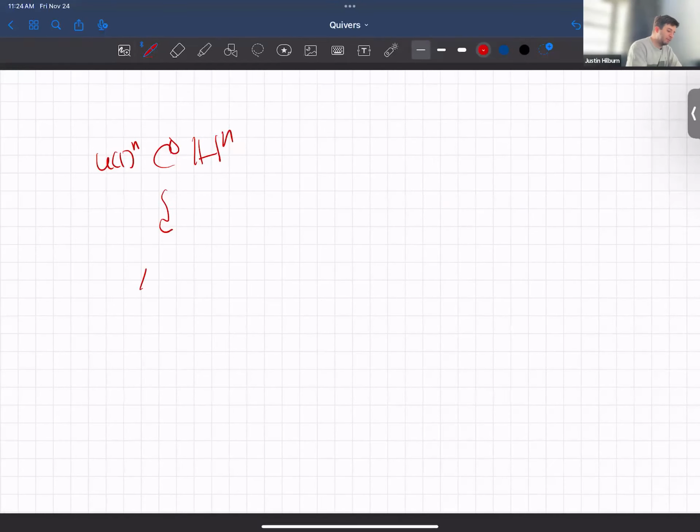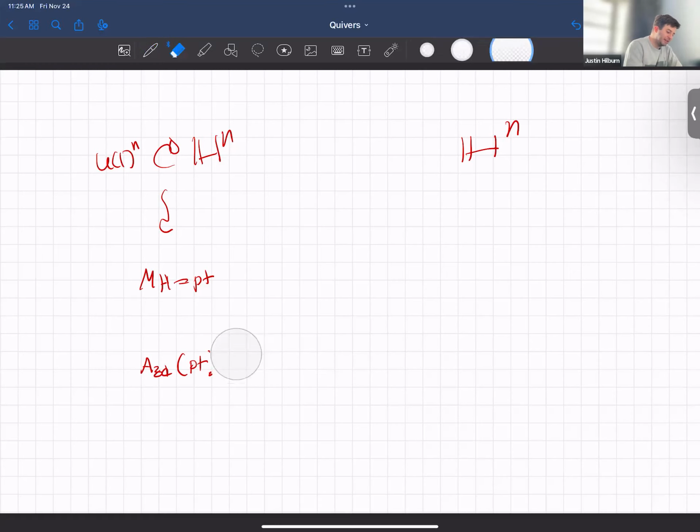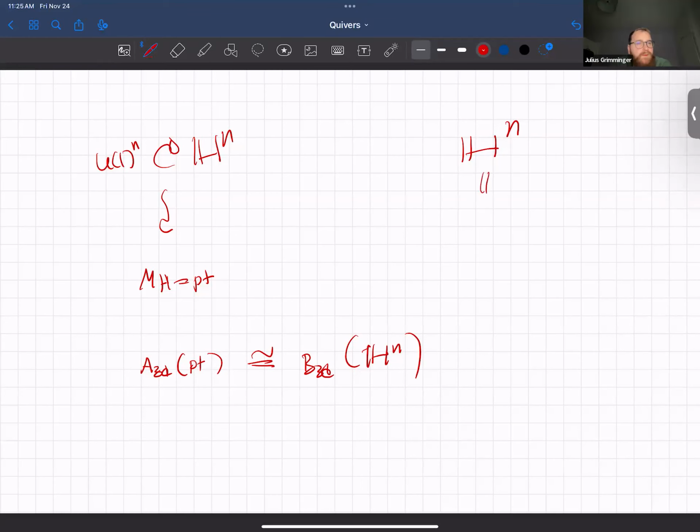Your Higgs branch is just a point generically, but the mirror to these things is Hn. So if you tried to claim that A3D of a point, and here your skeleton is also just a point, is dual to B3D of Hn for all n, this doesn't make any sense. So this is your MC, right? Yes, sure. So this side depends on n and that side doesn't.